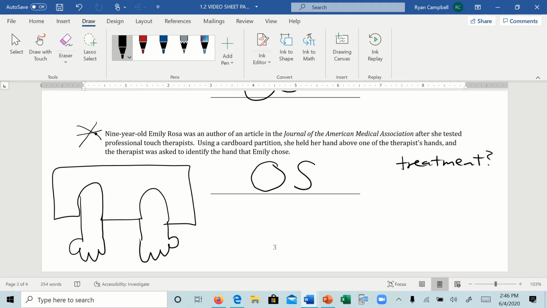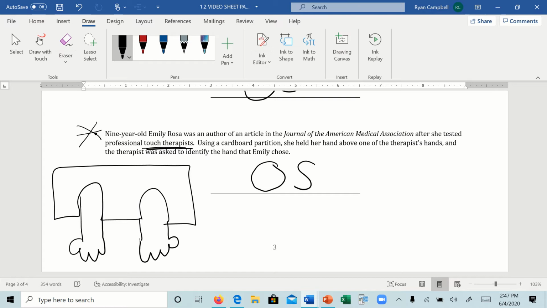Basically what's happening is that the touch therapists say, hey, guess what? I can actually feel energy between people. And Emily Rosa says, cool, let me see. So she is ultimately just observing what the touch therapist says they can do. Ultimately, the touch therapist is the one in control. They're the ones that are saying they can do this. And so Emily's just saying, hey, can I see? That'd be great.